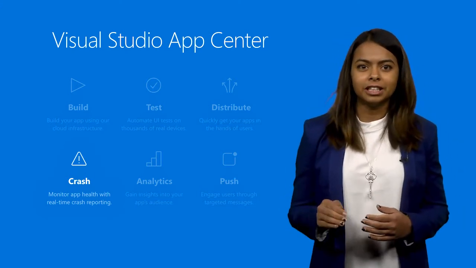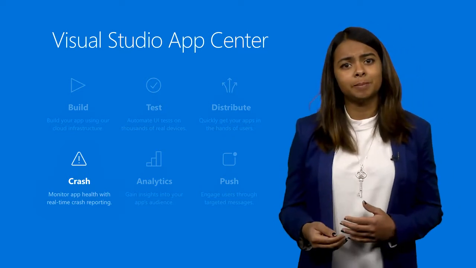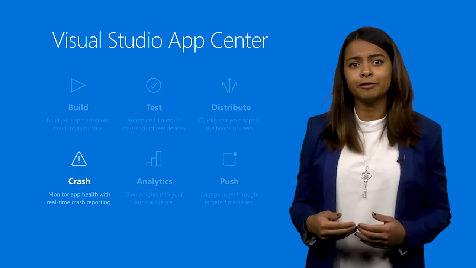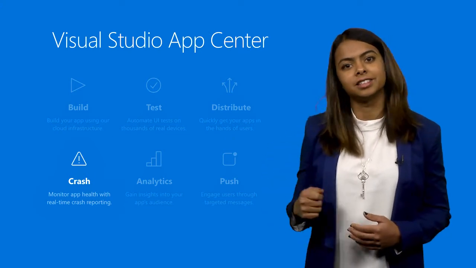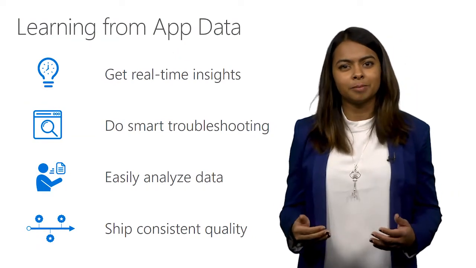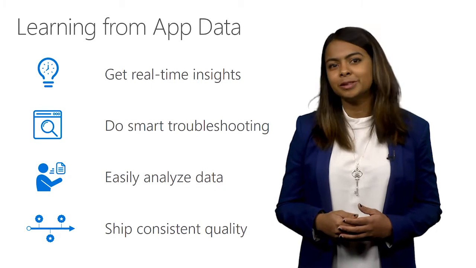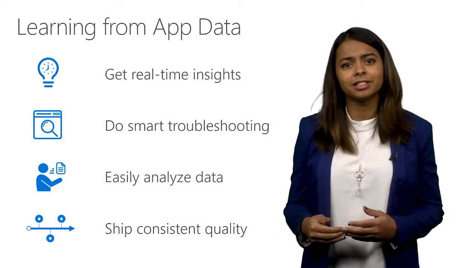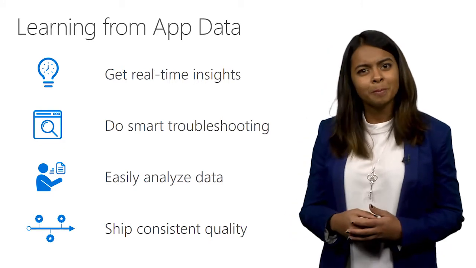Before diving into the details of crash reporting service on Visual Studio App Center, let me explain why and how learning from your app data can help you ship high-quality apps consistently. As app developers, you know that sometimes your apps can crash on a user's device. Wouldn't it be nice to have comprehensive, well-categorized, real-time data on the health of your app?